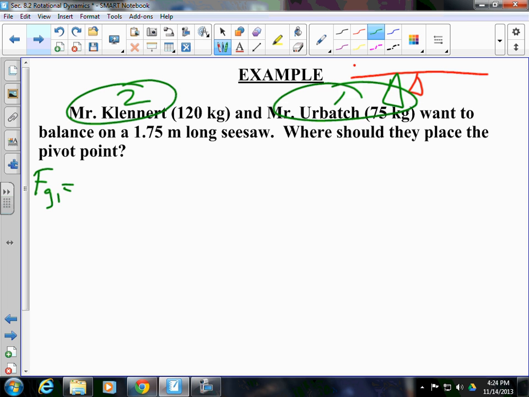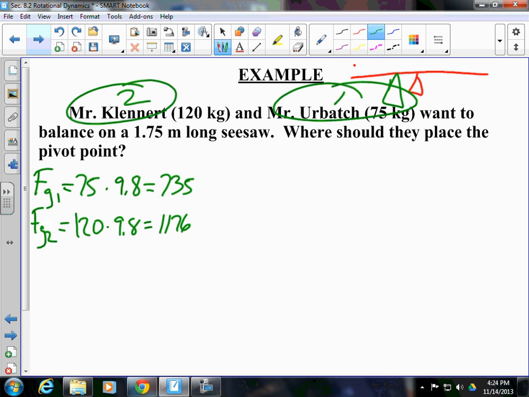So Mr. Urbach is 75 times 9.8, which is 735 newtons. Secondly, for force of gravity 2, you take 120 times 9.8, and you end up getting 1176.